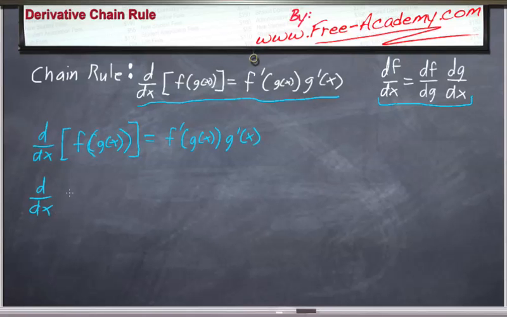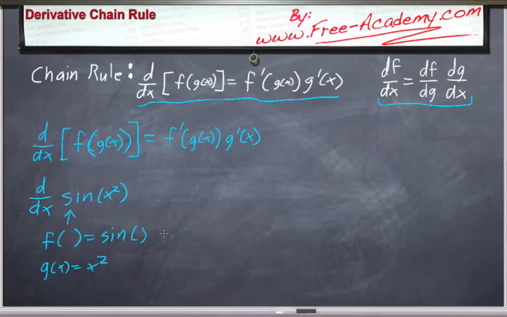We'll do the derivative with respect to x of sine of x squared. So in this particular situation, we're going to call f equal to sine of x, and g of x will be equal to x squared.